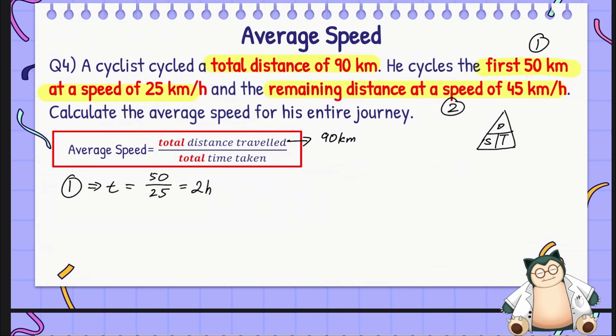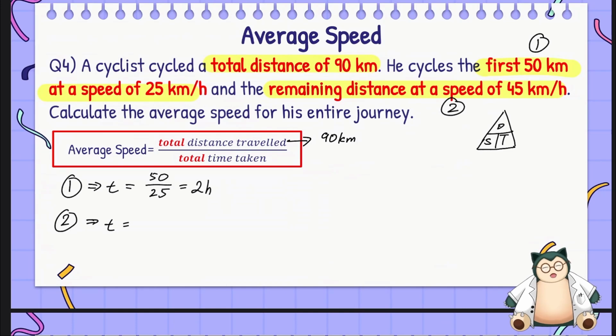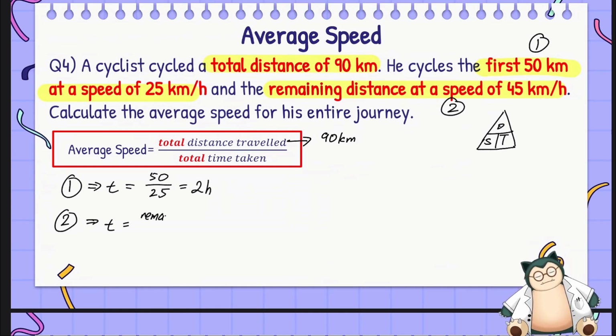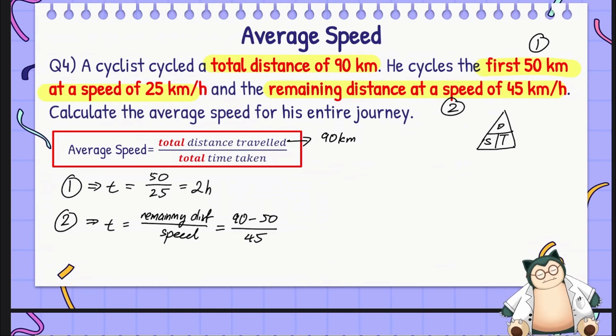Okay, and for the second part of the journey, the time would then be the remaining distance. Alright, so what's the remaining distance? So the remaining distance over the speed. So this will be 90 minus 50, divided by 45.